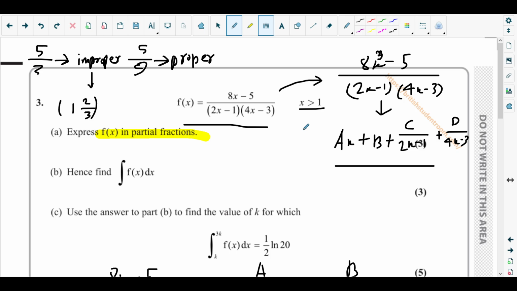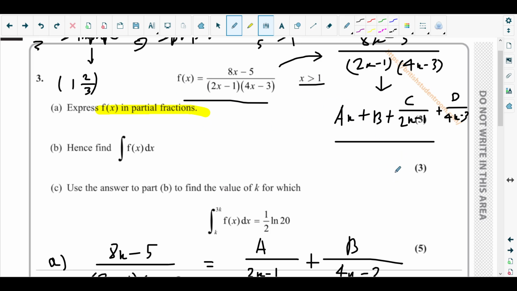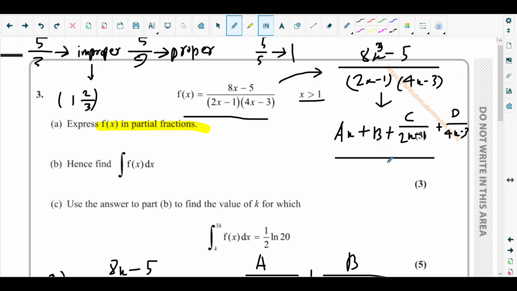Now remaining is if both powers are the same. Let's give an example using numerical fractions: 5 over 5 is 1. You are getting an integer. So in that case, let's give another example.